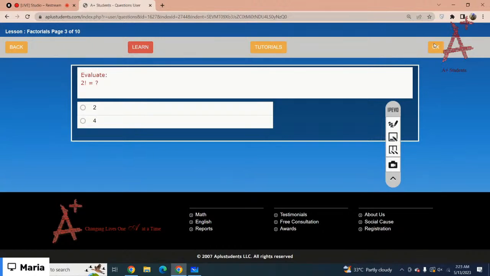Okay, then you have 2 factorial. So 2 factorial is 2 times 1. Got it? So it would be 2. The correct option is 2.